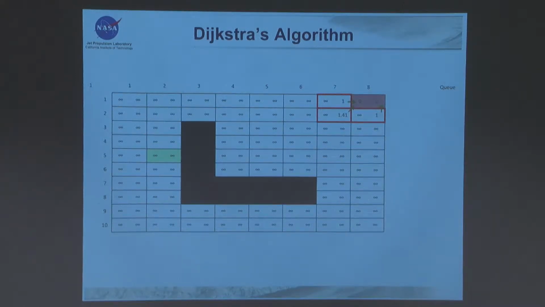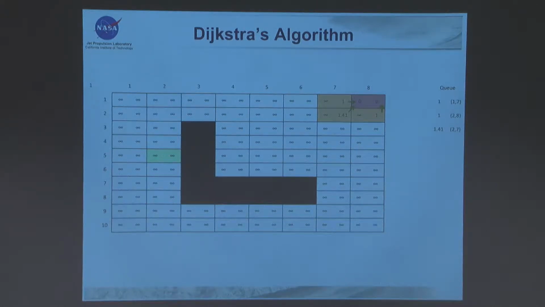The J bar value was a minimization over alternatives. For example, if you are here, you have a transition cost of one step, and the J bar value is 0. So the J bar value for this node is 1, this is 1.41, and this is 1. Once you update their J bar values, you have 3 nodes, and you put them in your priority queue.